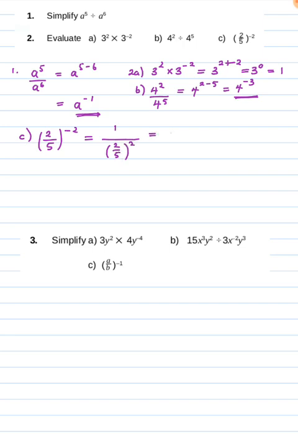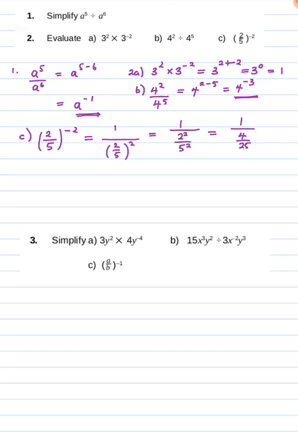So we then have 1 all over 2 squared over 5 squared, that becomes 1 all over 4 over 25.